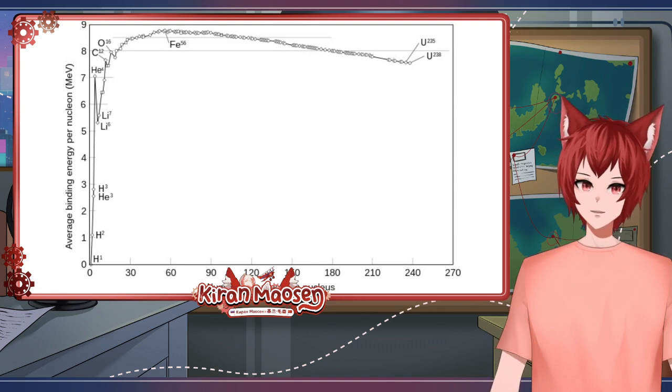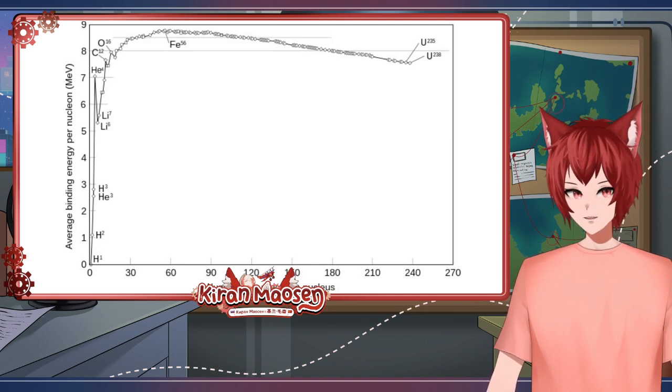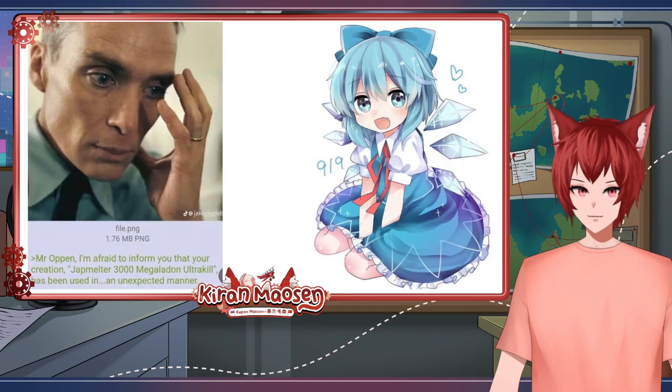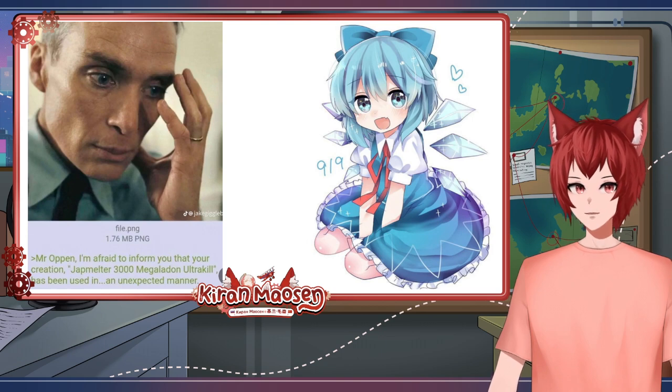This is equivalent to 166 million electron volts, 200 times greater and more energetic than the spontaneous neutron decay. This means that such a reaction per unit is more than 10 million times more powerful than a chemical reaction.